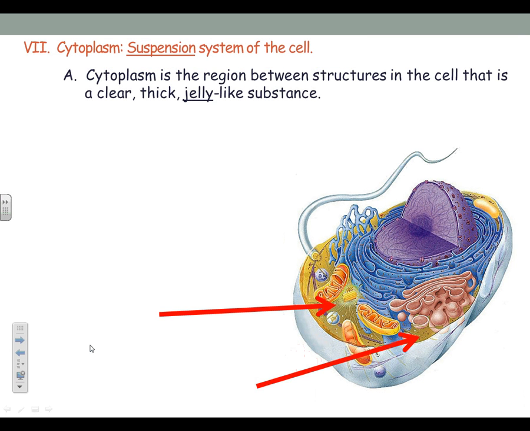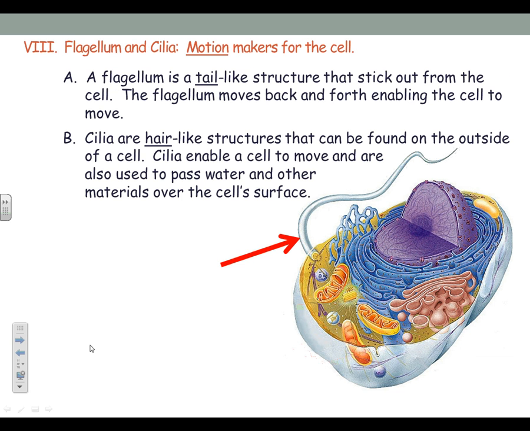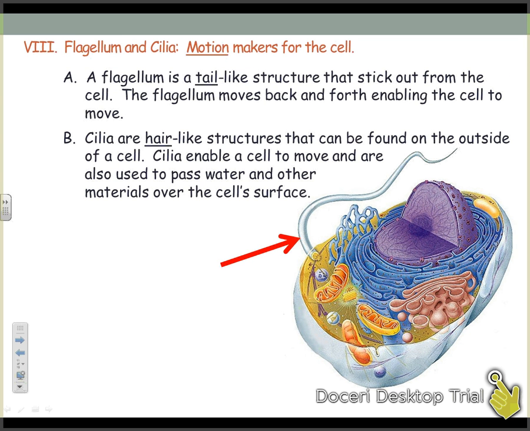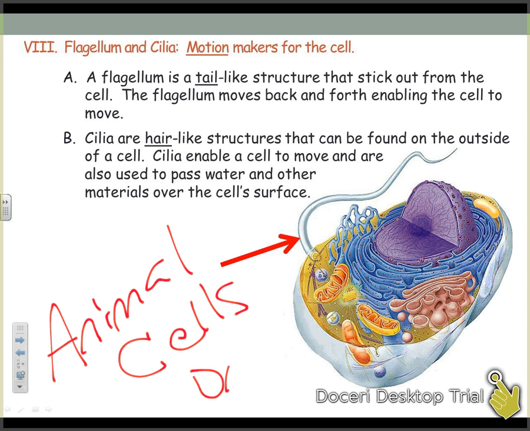Then going on to the flagellum and cilia. Now, flagellum and cilia, these are found in animal cells only. One of the differences between an animal cell and a plant cell is the flagellum and cilia. Now, in this picture, we have a flagellum. A flagellum is this whip-like, tail-like structure that vibrates back and forth, and it will help an animal cell to move.